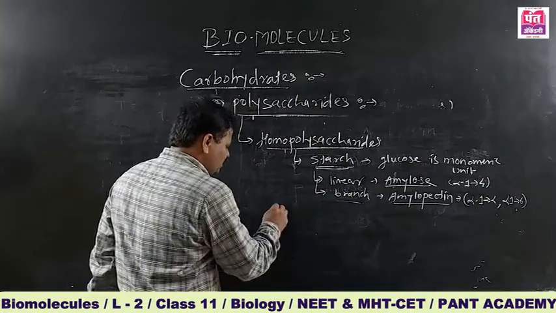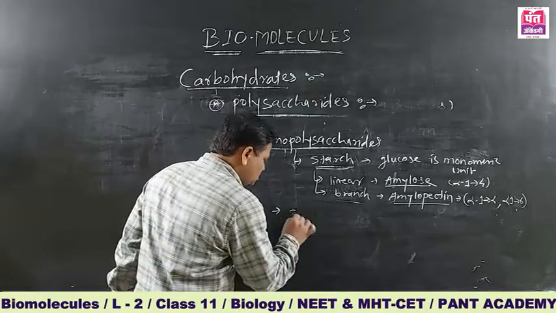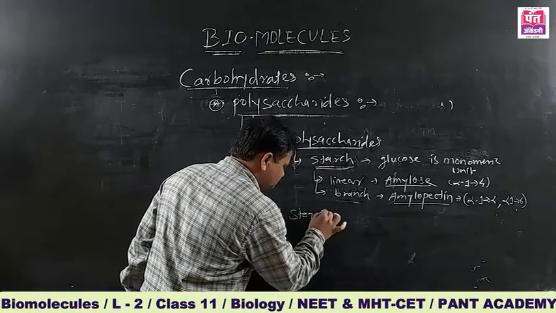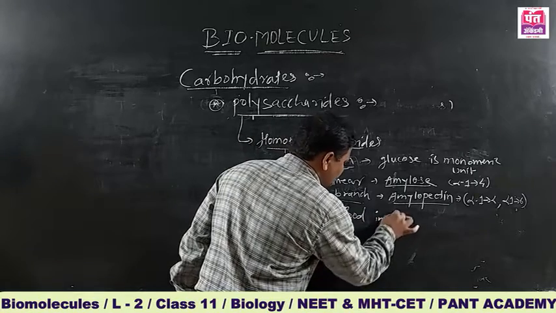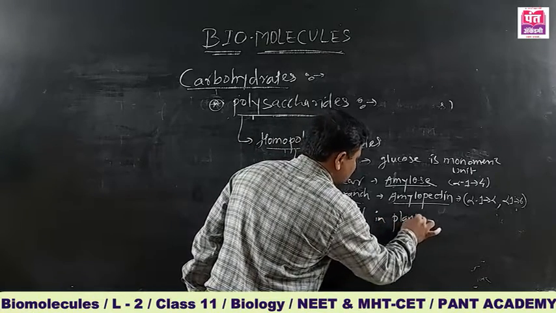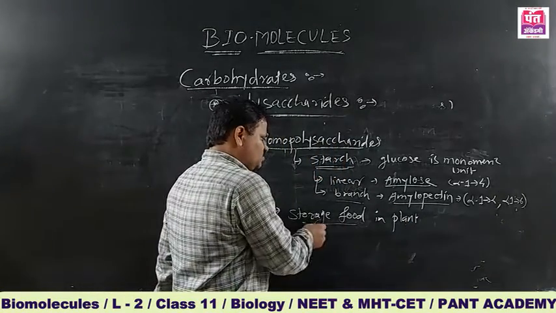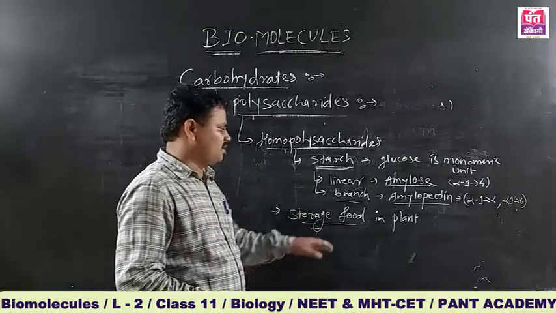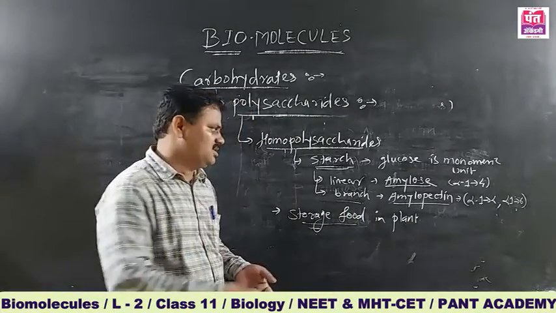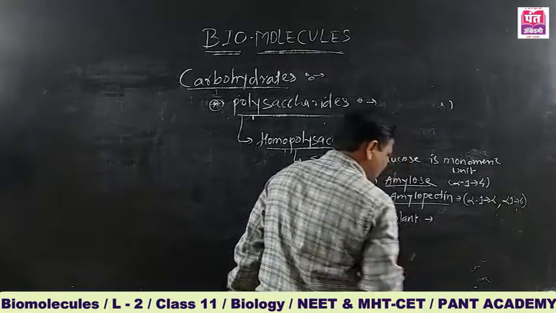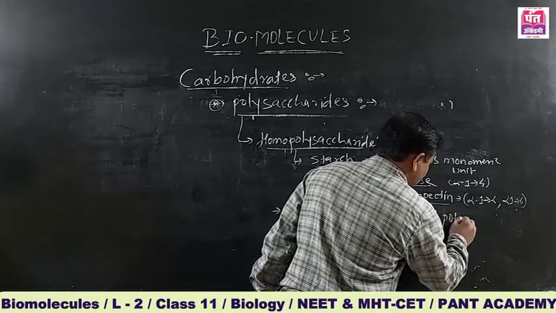Starch is a common storage food material in plants, and therefore it naturally occurs in different kinds of plants. A natural source of starch is the potato.